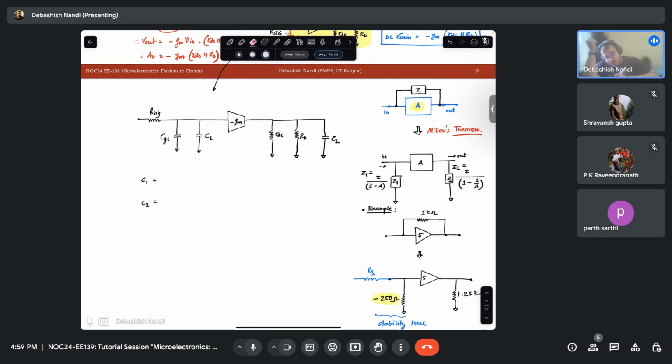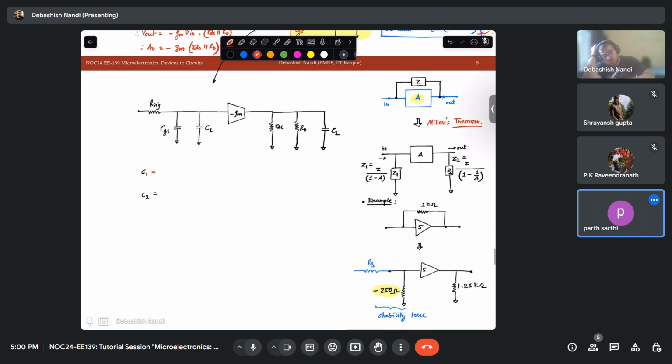So now what will be my C1 and what will be my C2? So basically what is C1? What is the impedance? Impedance is ultimately 1 over SC1, right? Yes, sir.